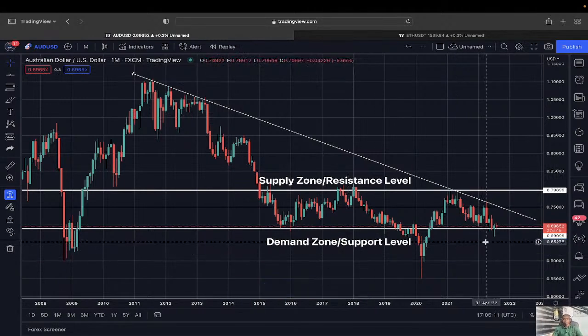So we have the supply zone, then we have the demand zone.